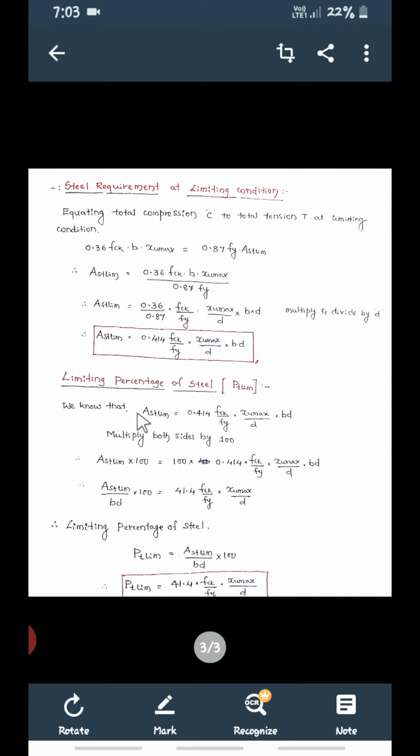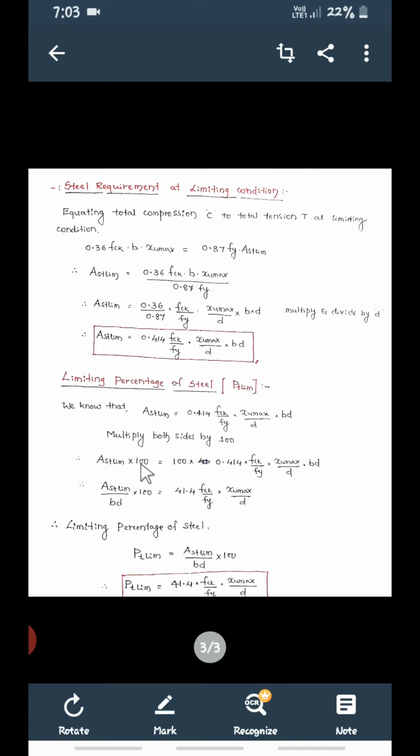So multiply here by 100 and here by 100. So AST limit into 100 equals 100 into this term. Both sides we are multiplying by 100. Right, so AST limit into 100, and this term BD I can take to this side, BD will come at the bottom now.